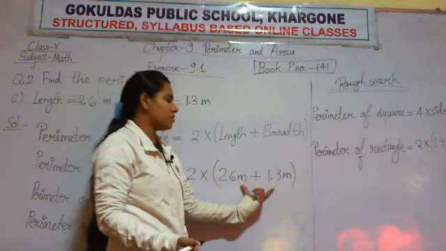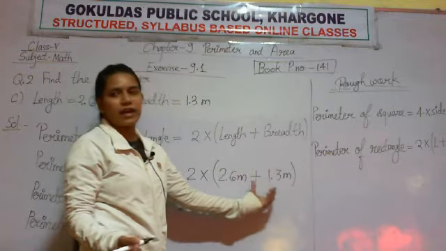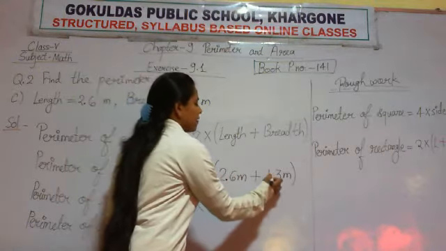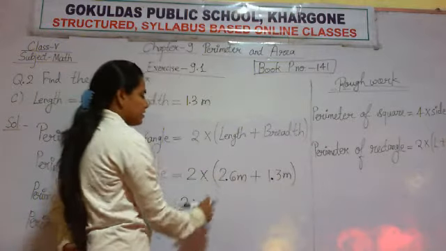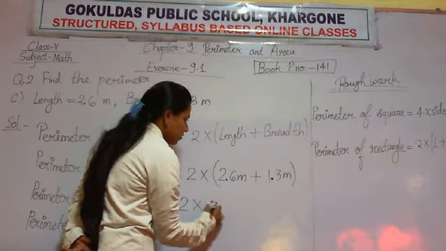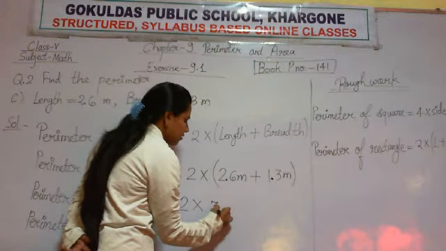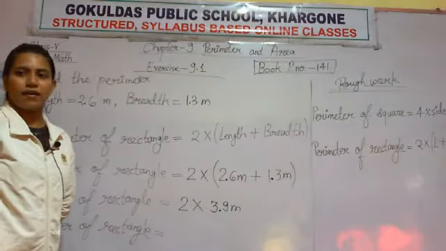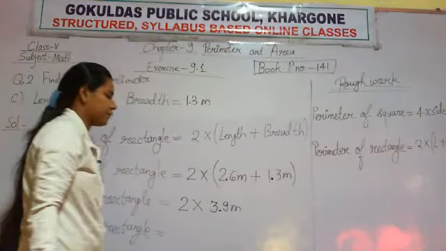In rough work arrange both the numbers column wise and add them. So when you arrange them column wise and add, you will get 3.9 meter. Okay, 3.9 meter.